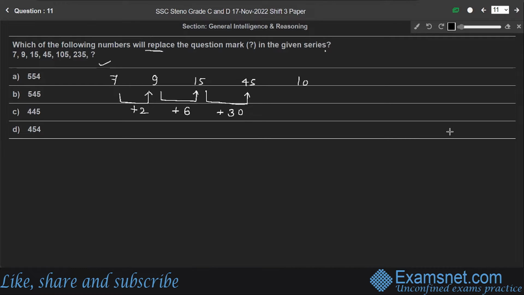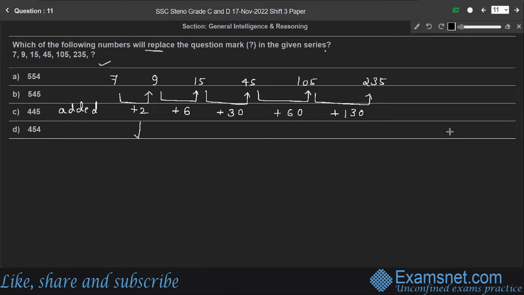Next is 105. So 45 plus 60 is 105. Next is 235. So 105 plus 130 is 235. So the added numbers are 2, 6, 30, 60 and 130.